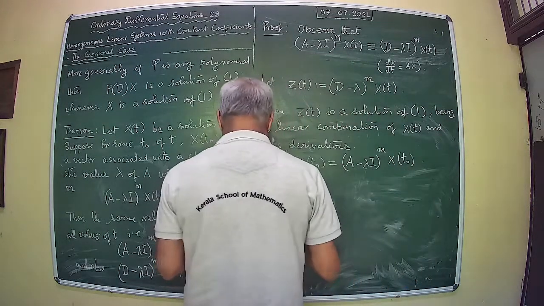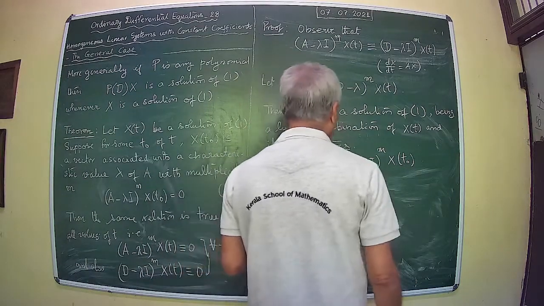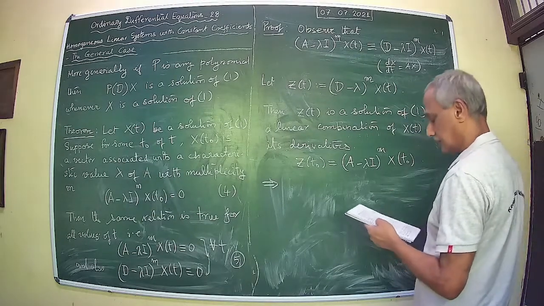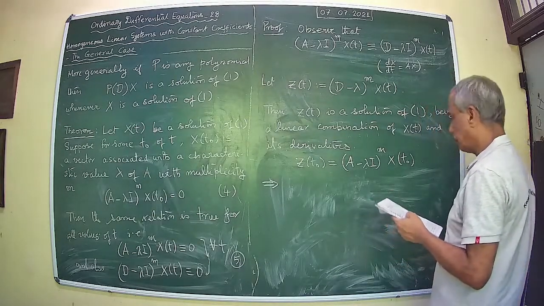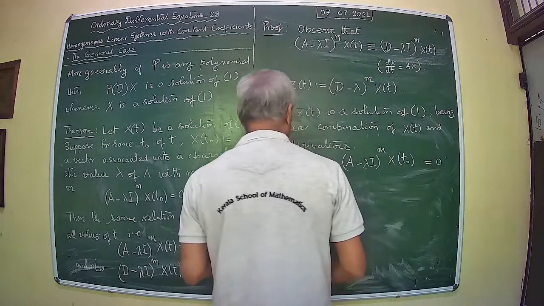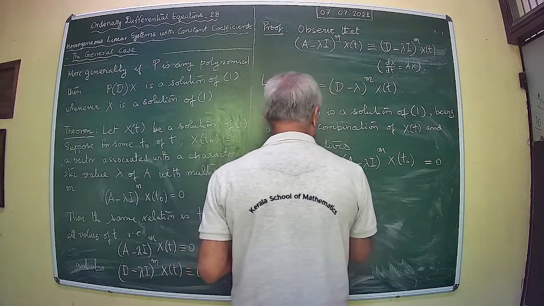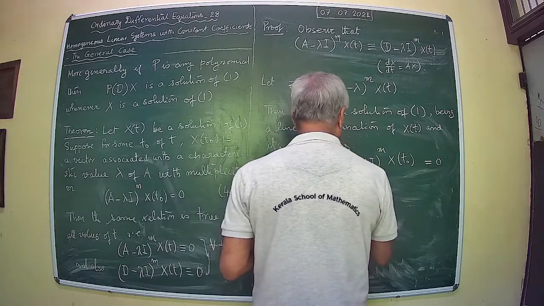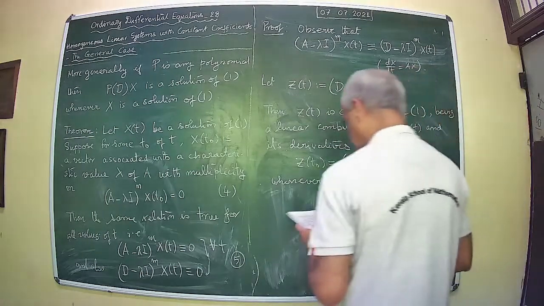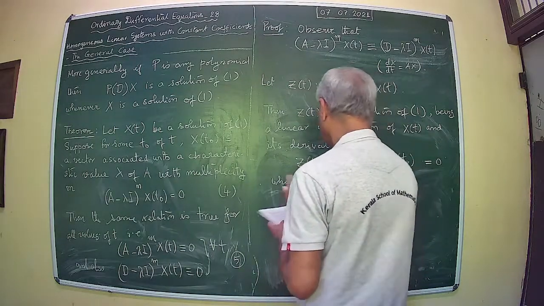Therefore, this implies, and we are taking an x(t naught) such that this is equal to 0. Okay.